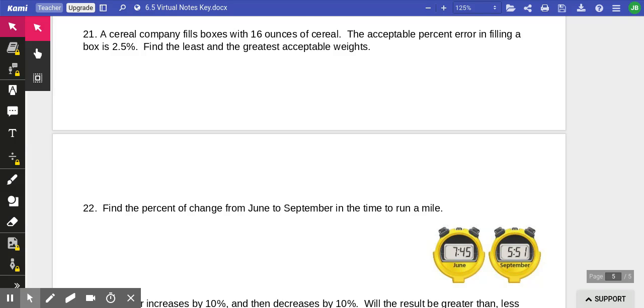A cereal company fills a box with 16 ounces of cereal. The acceptable percent error in filling a box is 2.5%. Find the least and the greatest acceptable weights.